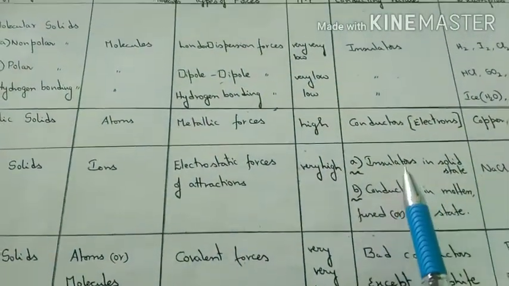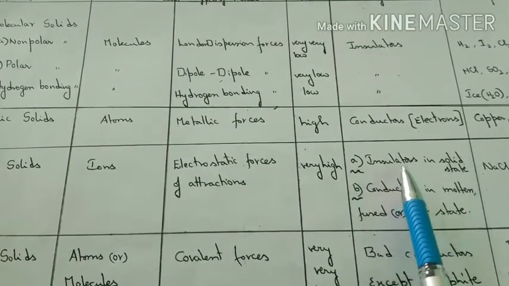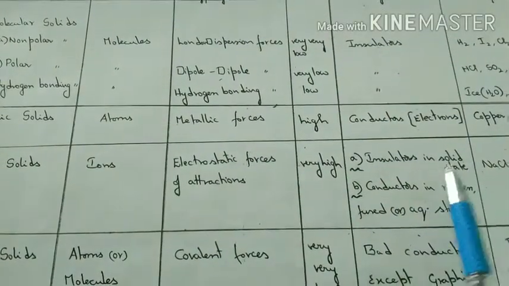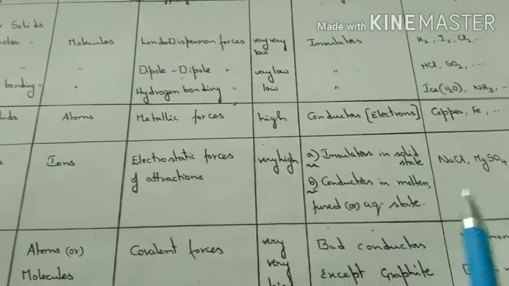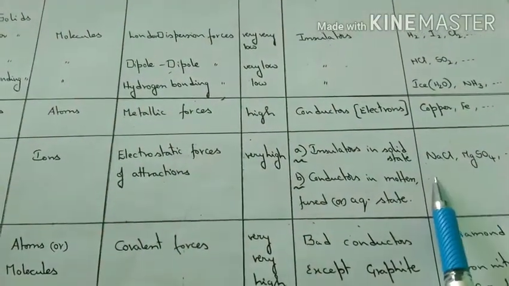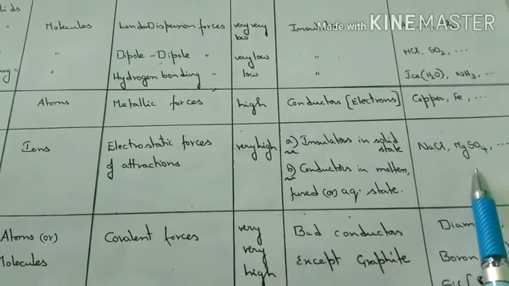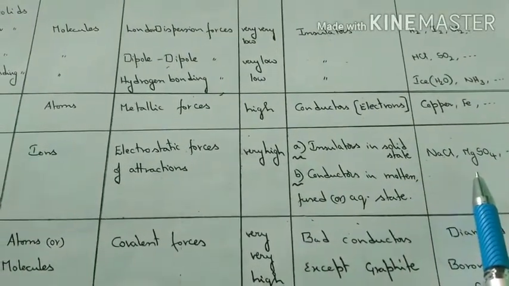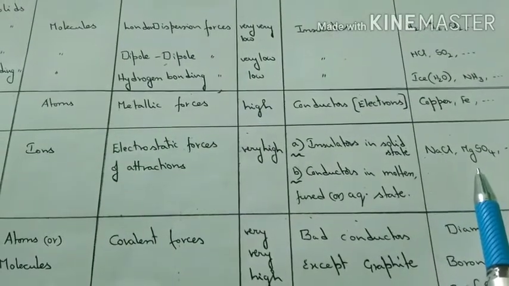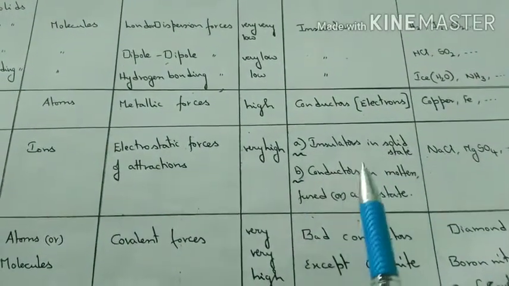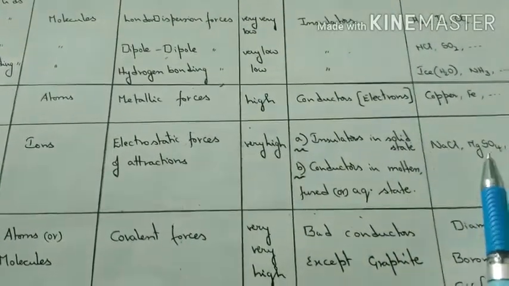Here one important point is about conductivity. These act as insulators in solid state, but they exhibit conductivity in molten or fused state. For these, all salts come under this category: NaCl, MgSO4, aluminum chloride, aluminum nitrate, magnesium chloride, ammonium sulfate. All these salts come under this category because all those salts contain ions.